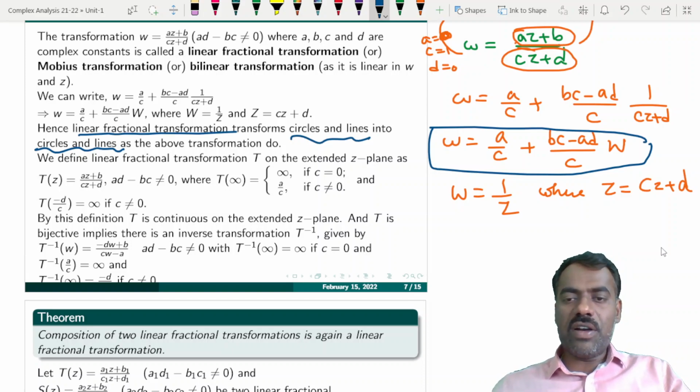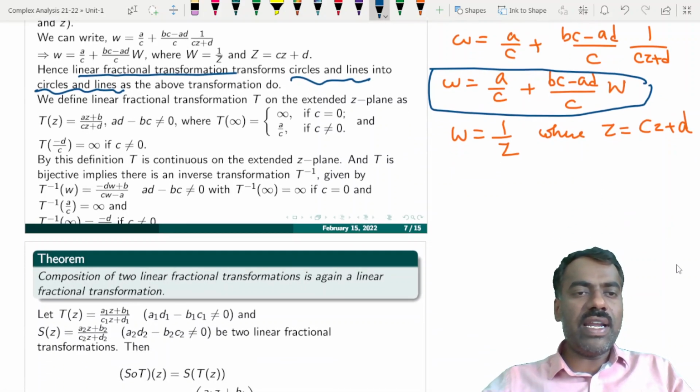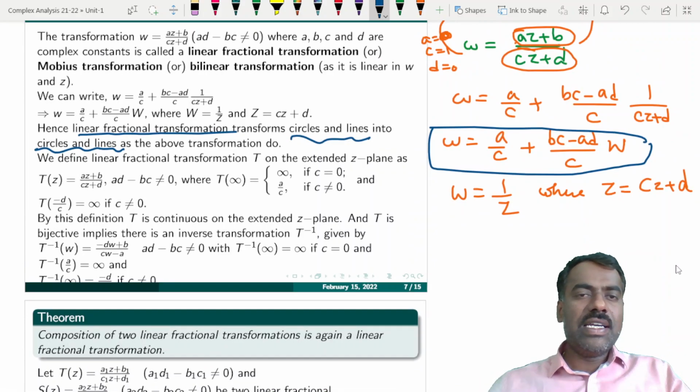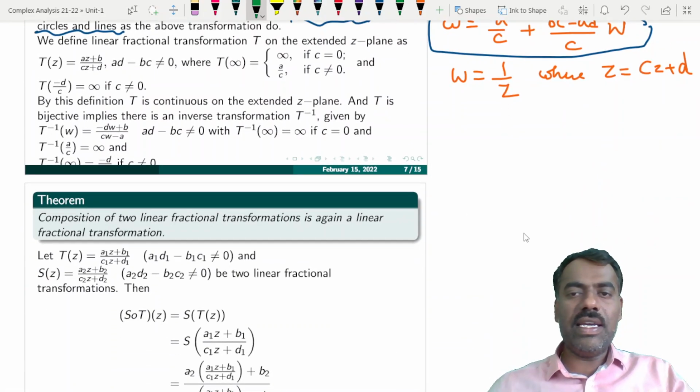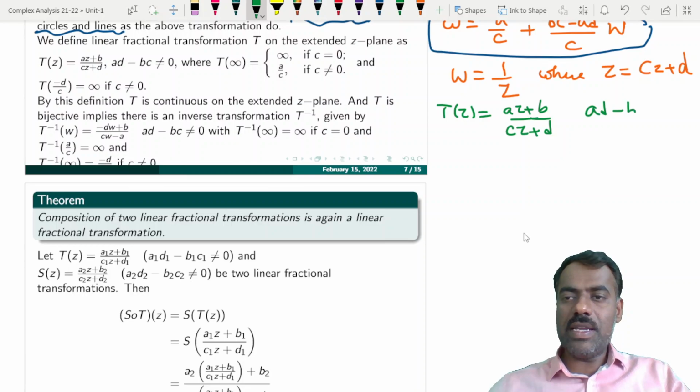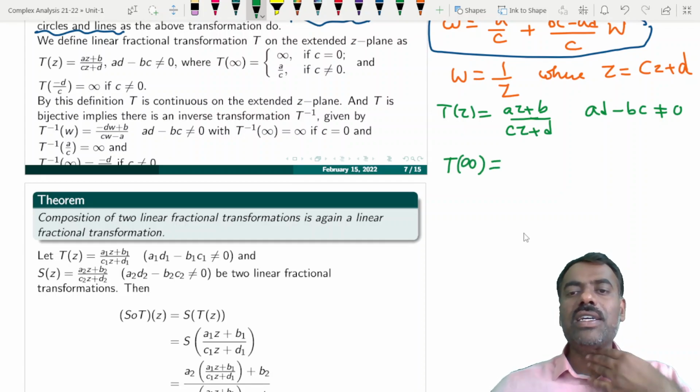So T(z) = (az + b)/(cz + d), of course with the condition ad - bc not equal to 0. What can you say about T(infinity)? How can we define it so that T becomes continuous?